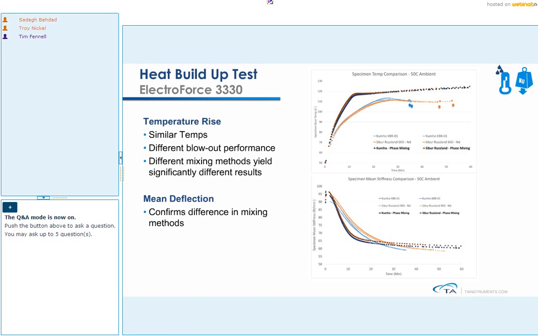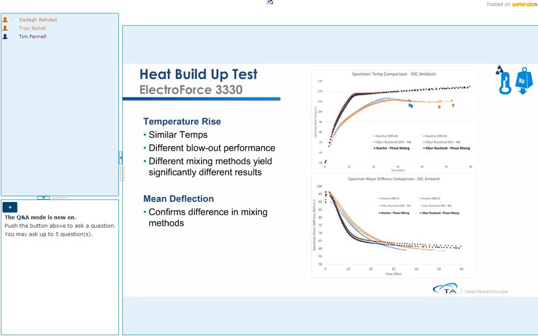On the top, you can see that the temperature rise in the phase mix samples is faster compared to the regular samples. And in the bottom, you are looking at the mean deflection. You can see that in the beginning, they were squeezed down more.